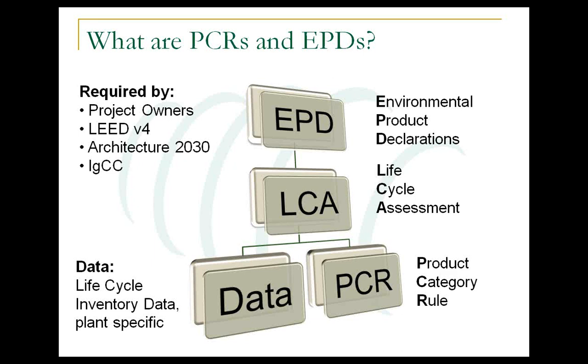Or it doesn't even have to be a building product, right? I mean, these EPDs were developed not just for building products, they were developed for all sorts of consumer products as well. So it could be an EPD for, or a PCR for, printers, or for soda bottles, water bottles, whatever.